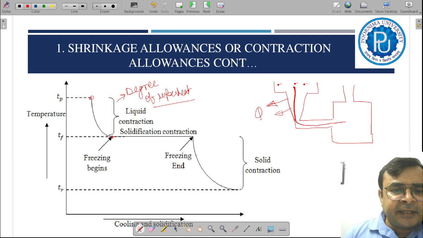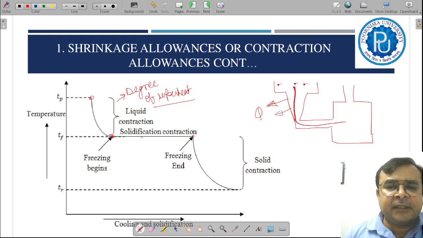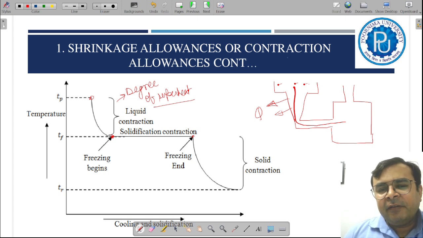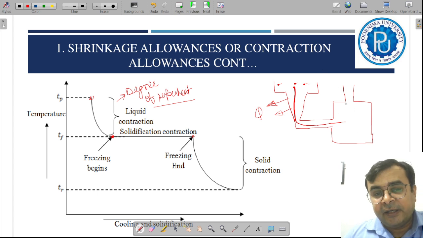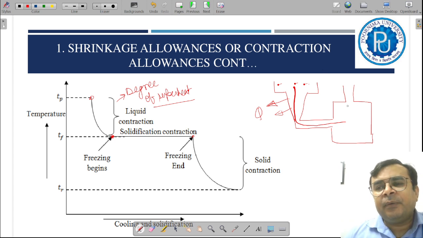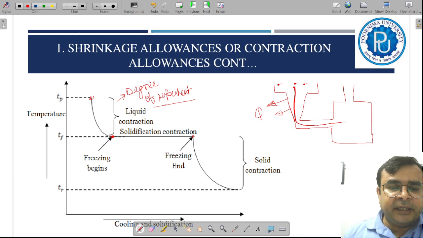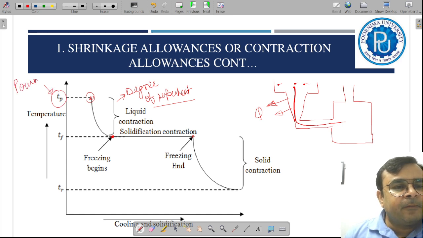If you use exactly the liquidus temperature, and slightly heat is removed while pouring, then solidification begins, and there is a chance the metal solidifies before filling the mold cavity. To accommodate the time required for the liquid metal to completely fill the mold cavity, we always provide some degree of superheat. So this is called the degree of superheat, and this temperature is called the pouring temperature.